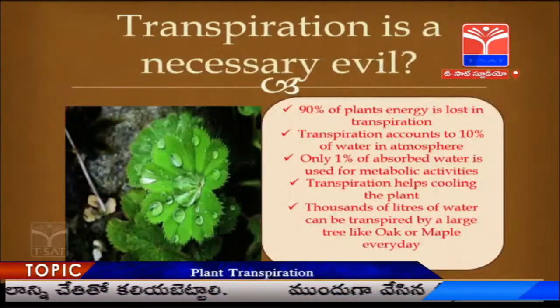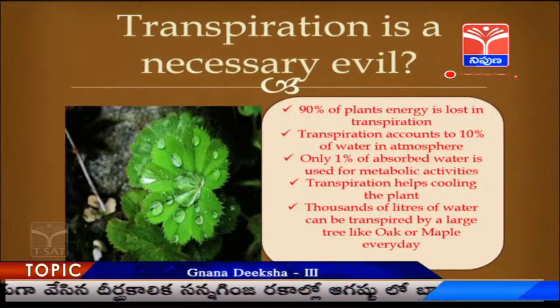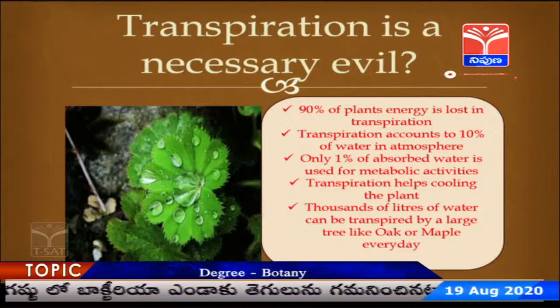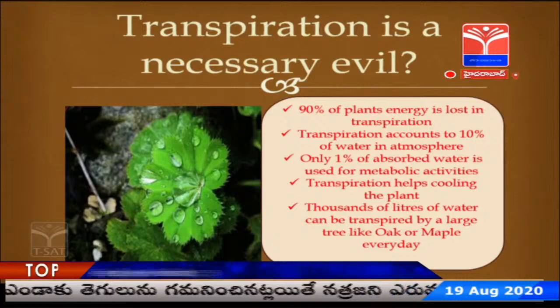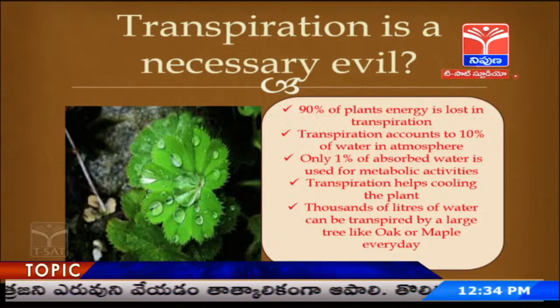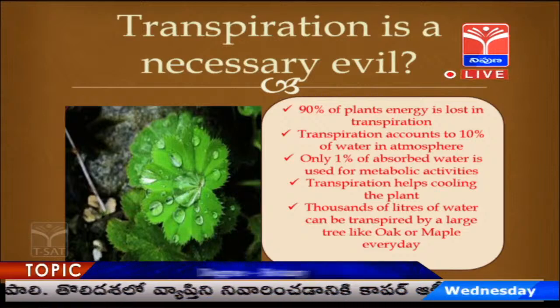Now, many physiologists conditionally use this term that transpiration is a necessary evil. Why do you think this is? Because I have just told you that out of the total amount of water that a plant absorbs, 99% goes out of the plant and it does not utilize it. Then what is the usage of taking up so much water?